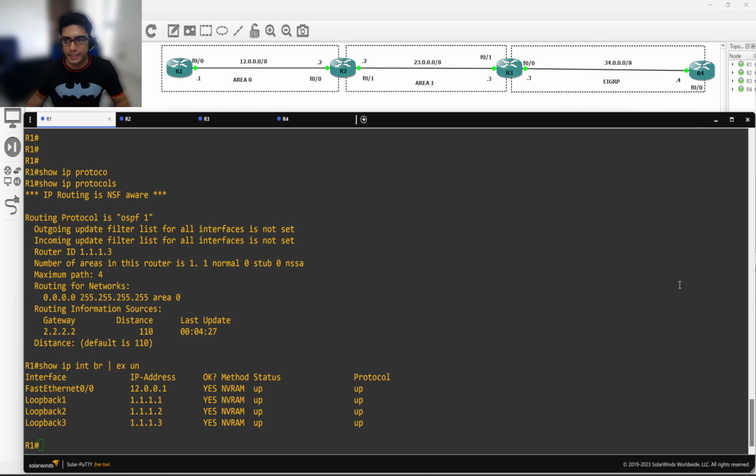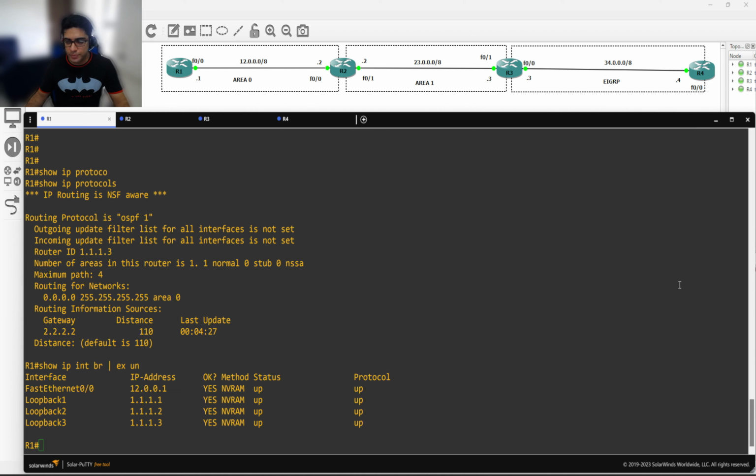Here you can see that I have 4 routers created: R1, R2, R3 and R4. Between R3 and R4 we have EIGRP running, and between R1, R2 and R3 there is OSPF running. R1 and R2 are part of area 0, R2 and R3 are part of area number 1. Right.